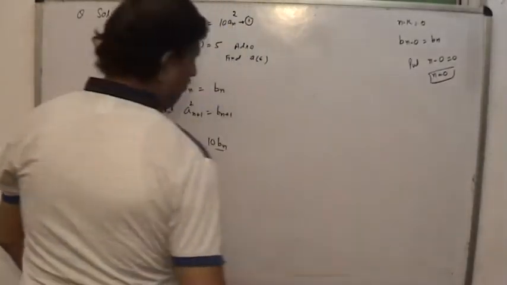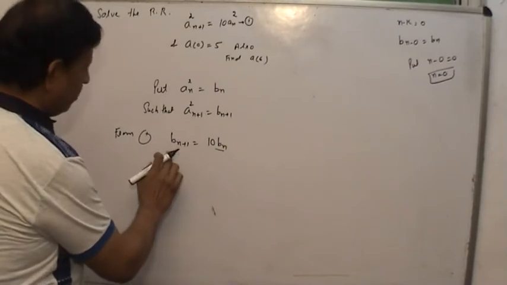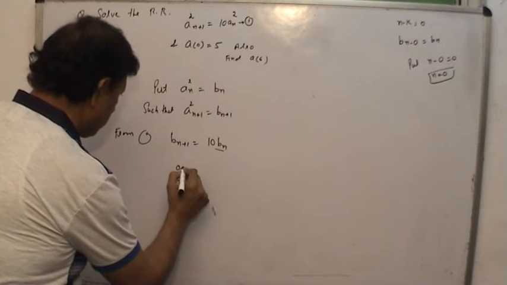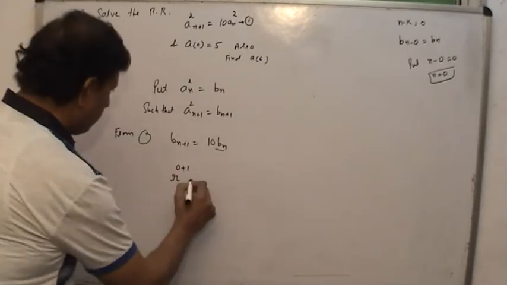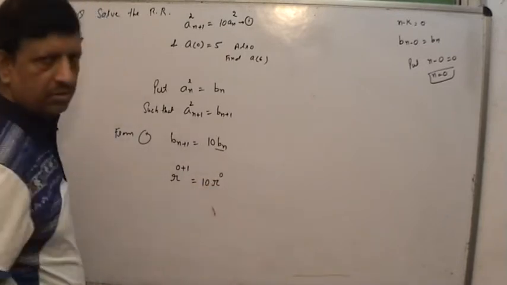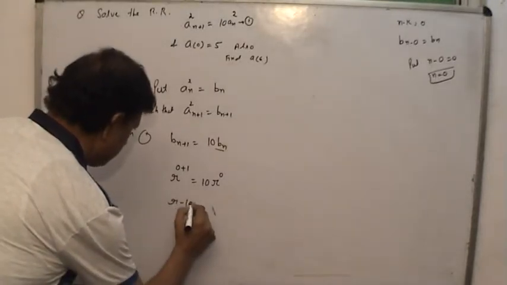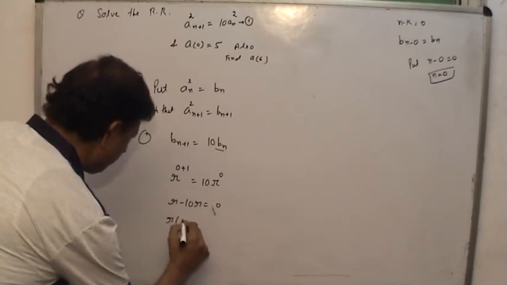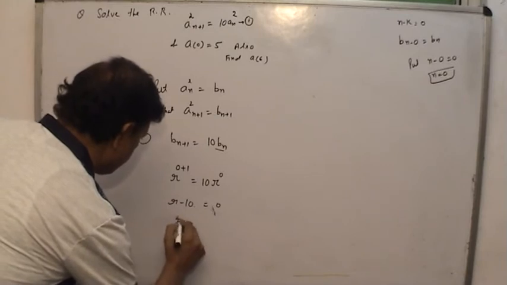And we consider another variable, say r, corresponding to these terms. We write r raised to the power 0 plus 1, here 0 is for n, is equal to 10 times r raised to the power 0. That is r minus 10 is equal to 0.